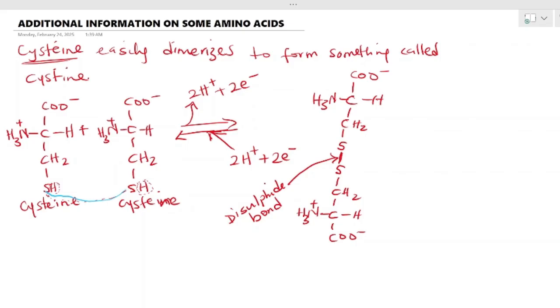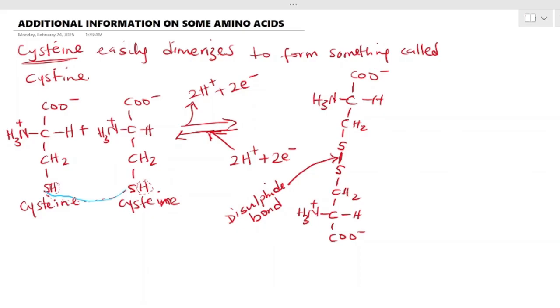That bond that connects these two sulfurs after the hydrogen atoms have been taken off, as seen in this reaction.